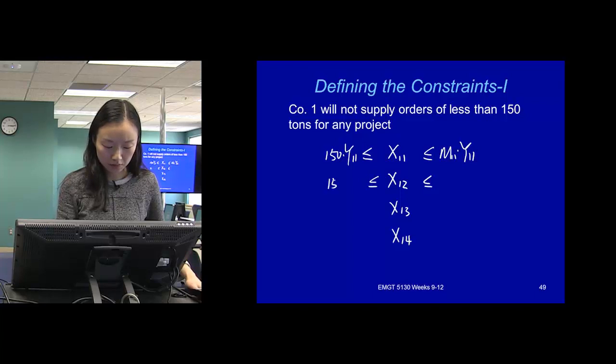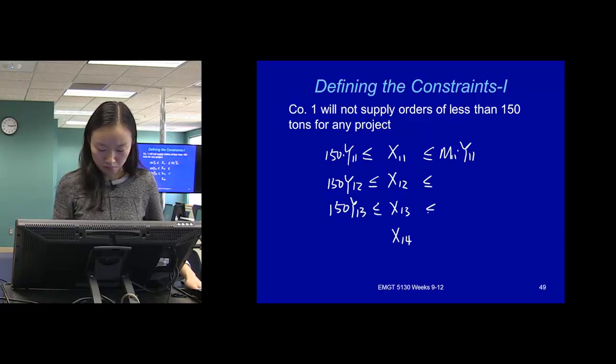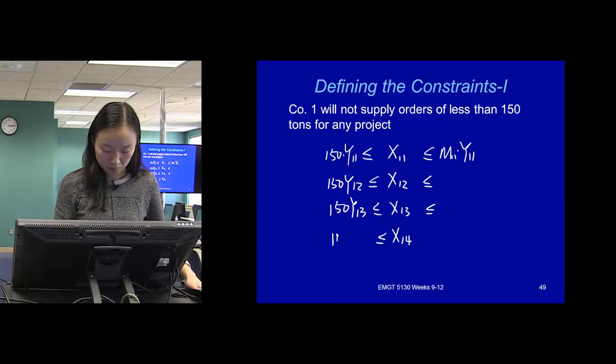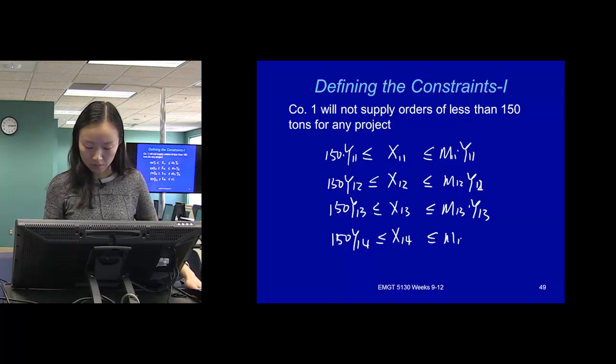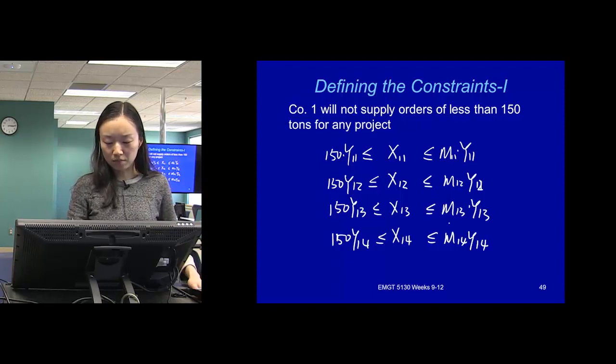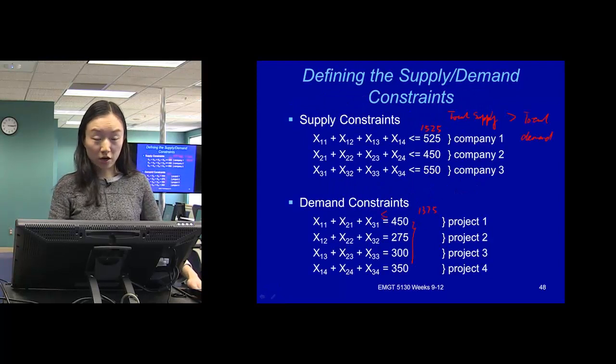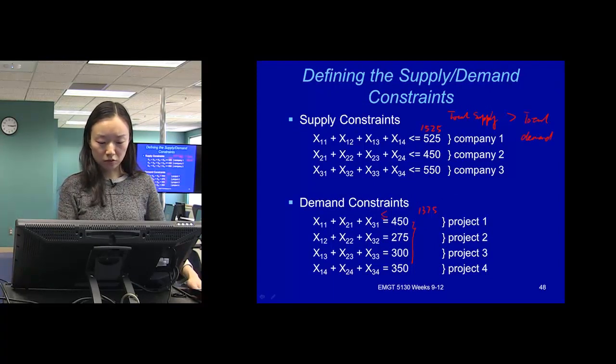Same here: M13 y13, M14 y14. And we can find out the big M value by looking at those constraints, right? So it's X11, X12, X13, X14.